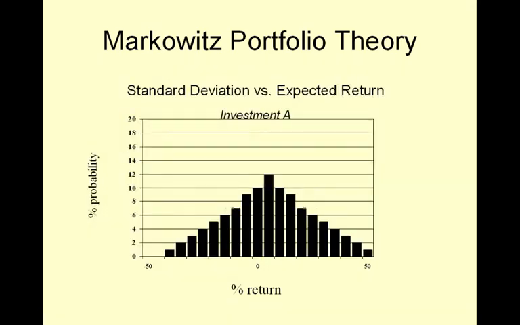Let's look at the combinations of risk and return offered by some hypothetical individual stocks. Here is the distribution of returns for investment A. As you can see, investment A has an expected return of about 5%, but a wide distribution of potential returns. So investment A would be characterized by a high standard deviation or a high degree of risk.